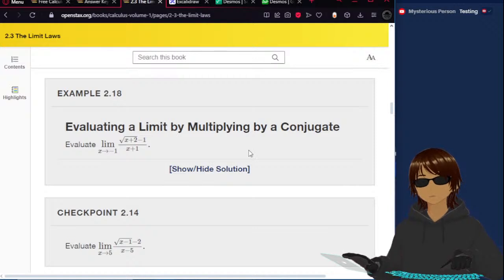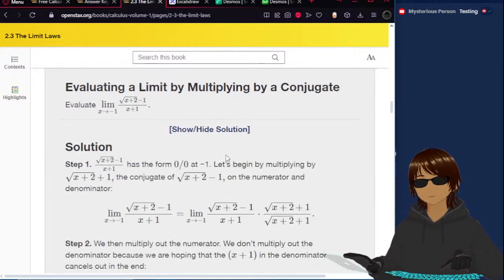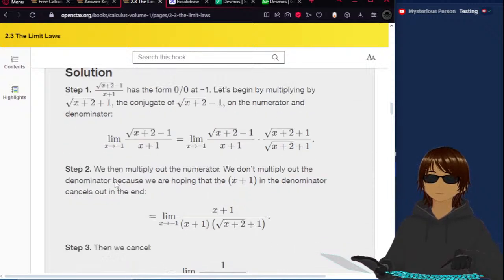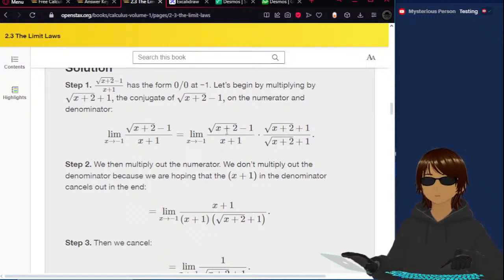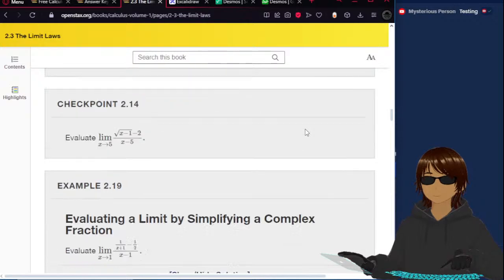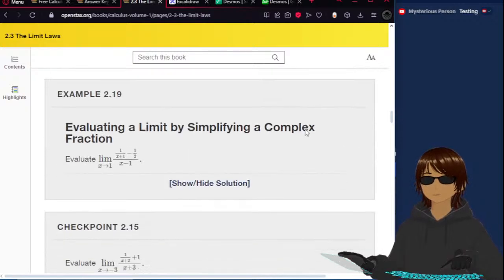Okay, next one. What is this? By multiplying a conjugate. Root x plus 2 minus 1 multiplied with root x plus 2 plus 1. And then the root goes away.